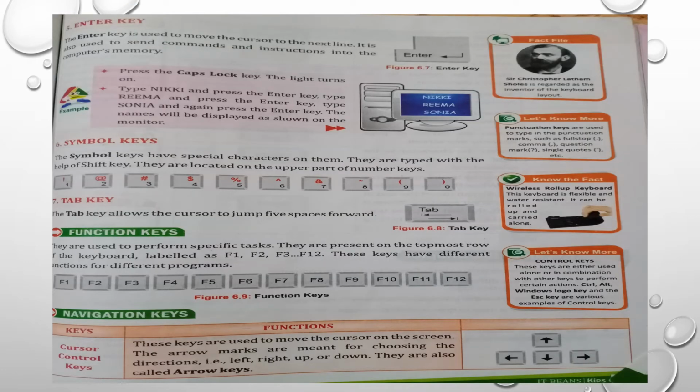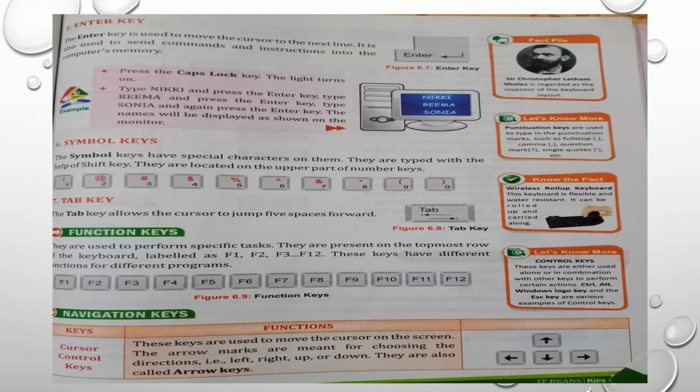Next is the enter key. The enter key is used to move the cursor to the next line. It is also used to send commands and instructions into the computer's memory. Next is the symbol keys. The symbol keys have special characters on them.